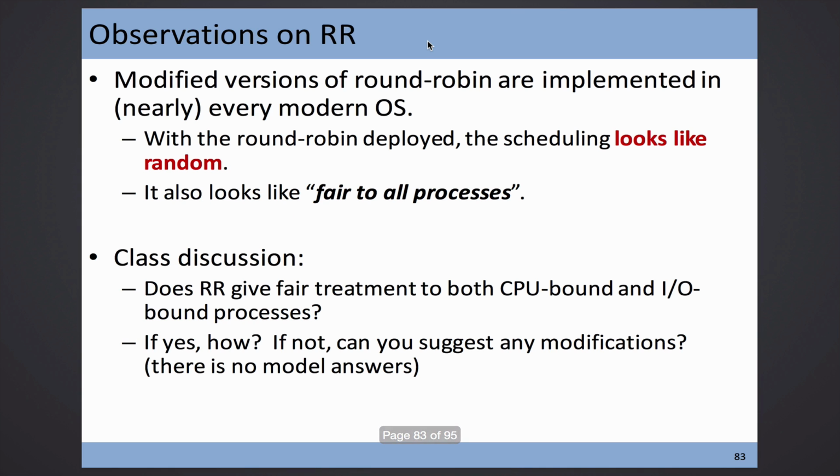All right. Another observation: this is kind of fair to all processes. Because we assume that every process is CPU intensive, you will get the CPU's attention from time to time. So this is good, but whenever you have an I/O bound process, then you have to think about this question: what is the fair treatment?